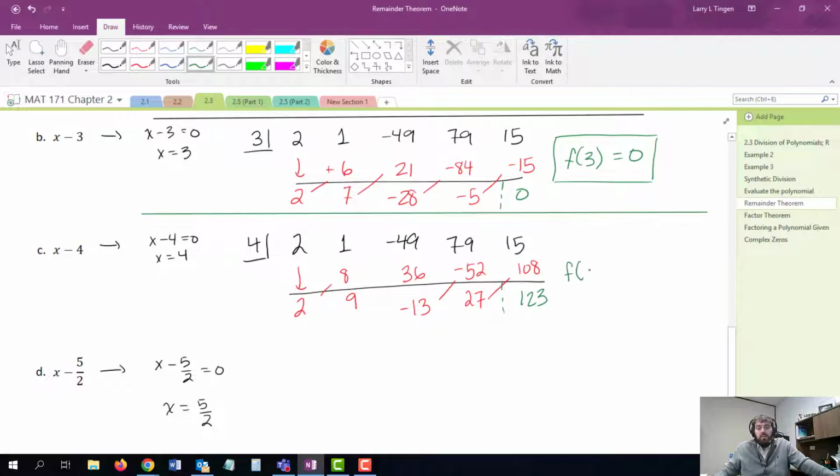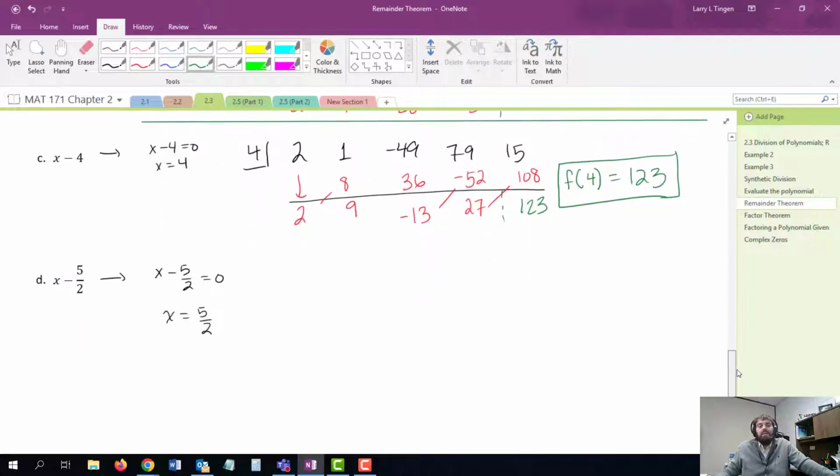So that means if I take 4 and plug it into the function, I get out 123.